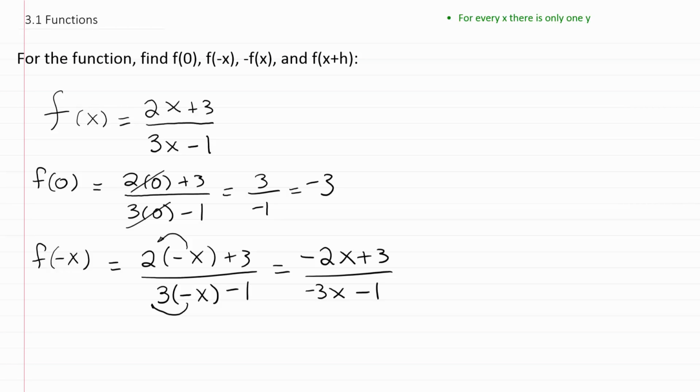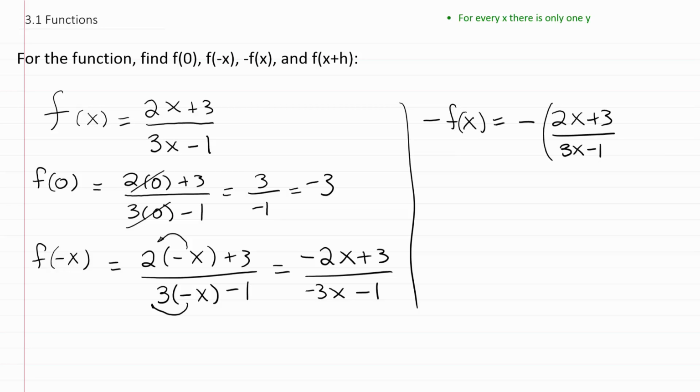All right, let's look at f of x with a negative out in front, right? So what's negative f of x? Well, negative f of x just means that you multiply the entire function by a negative sign, right? So in other words, we'll have negative f of x being the same as negative 2x plus 3 over 3x minus 1. Now this negative is actually out in front of the fraction, so we can distribute it in as if it was a negative 1.